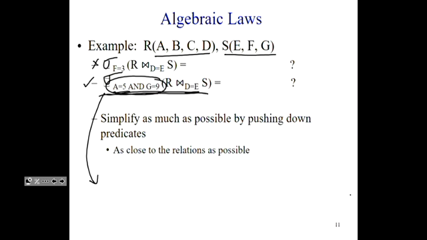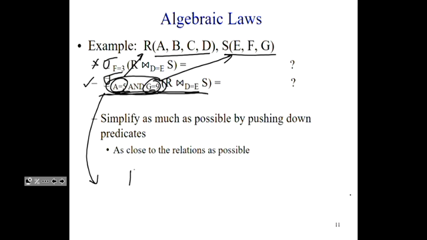So I have A is equal to 5 and G is equal to 9, and I have a theta join between R and S. So the first thing that I can notice is that A is equal to 5 applies to R, and G is equal to 9 applies to S. Correct? Okay.